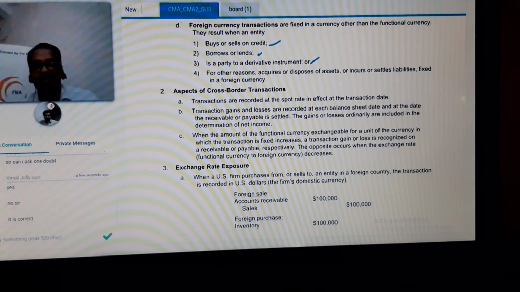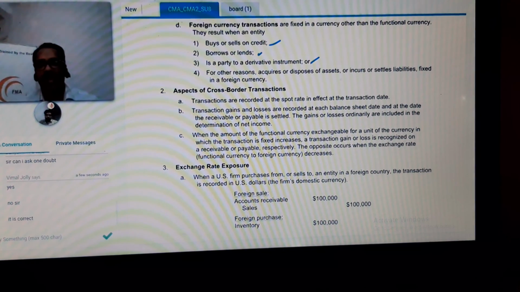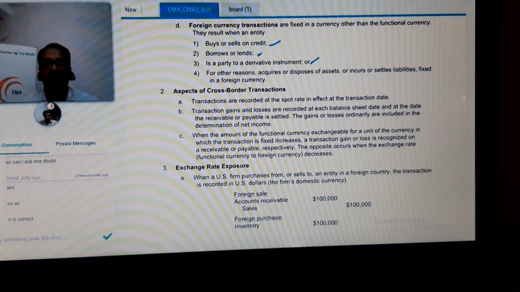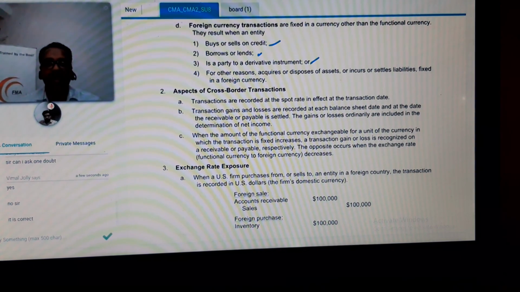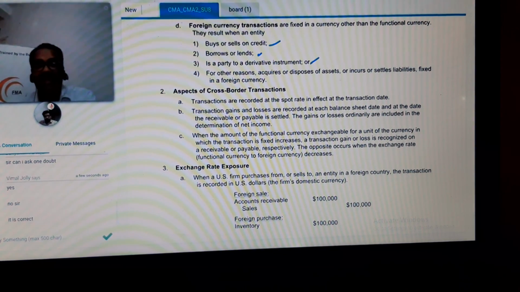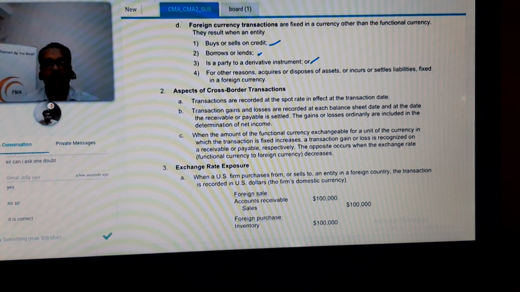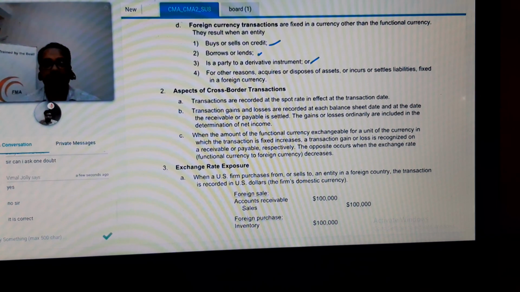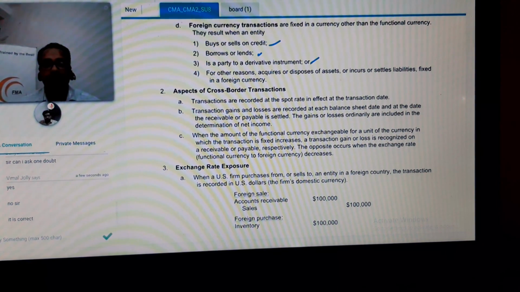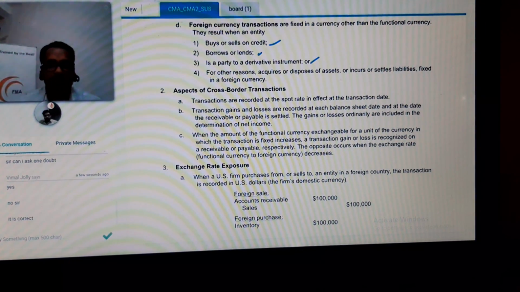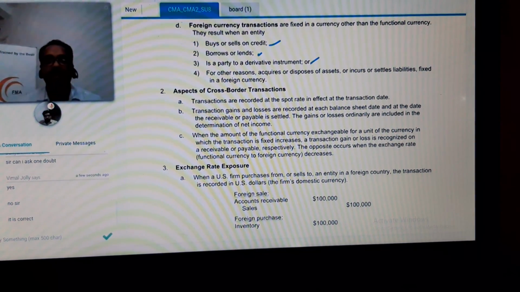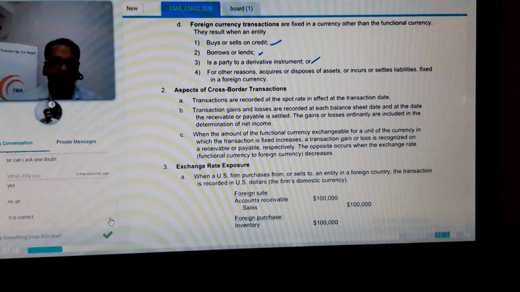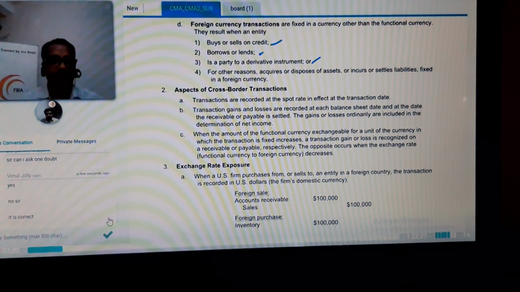If it depreciates, it is a loss situation. So you will look at the exchange rate at the reporting date and also when you are settling. If your functional currency is worth more when you are converting, definitely you will be recording a gain, which we have already seen.